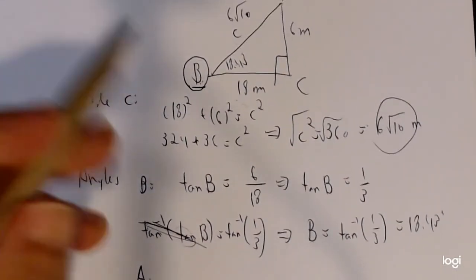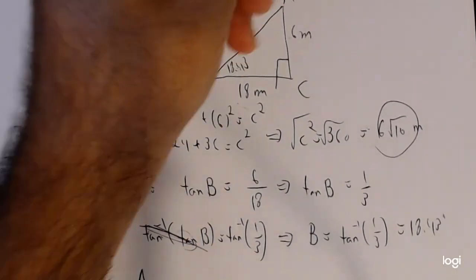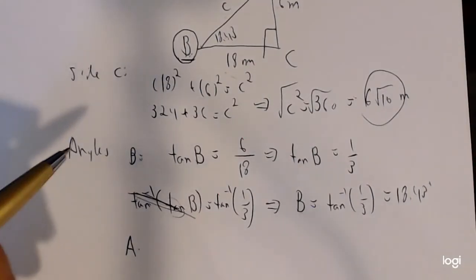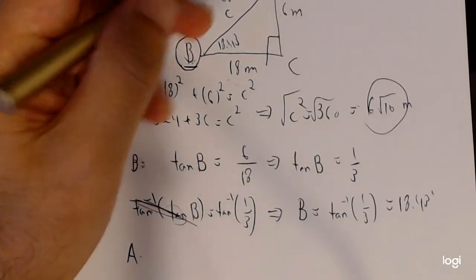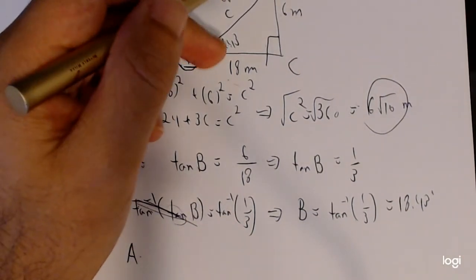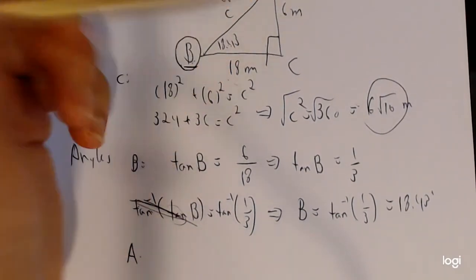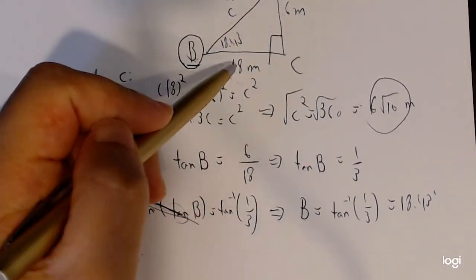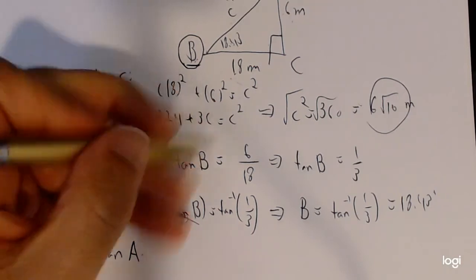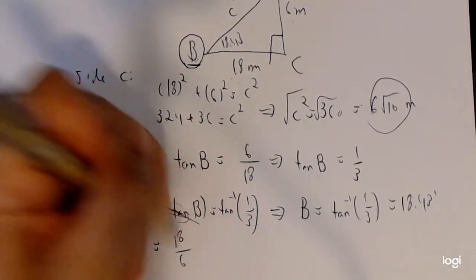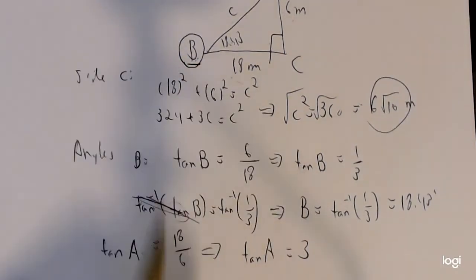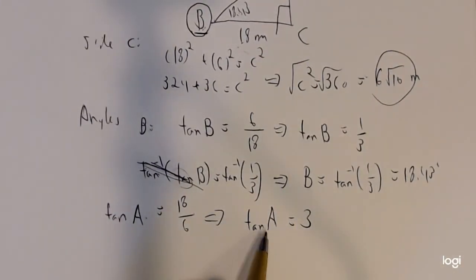But just to get you familiarized with this, why don't we use our trig functions to find angle A as well? Let's say I want to use tangent again. What would I get? I would get tangent of A equals opposite over adjacent, which is 18 over 6, which implies tangent of A equals 3.